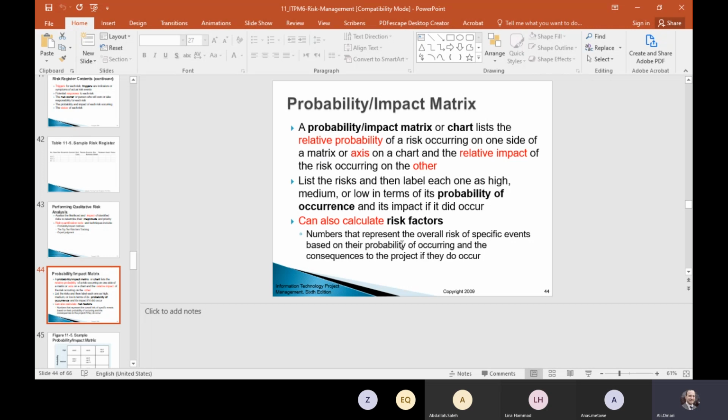But the probability will decrease if you already decide the land, the area where you want to build the house, because you can know the nature of the land.